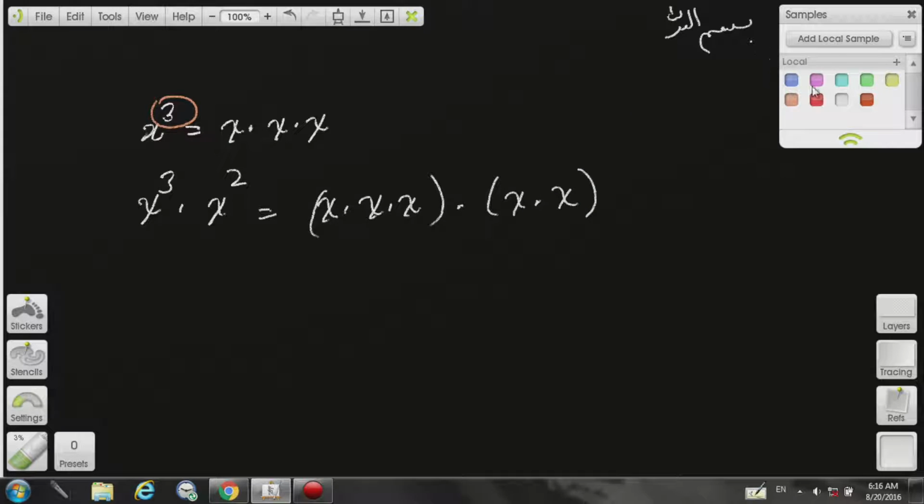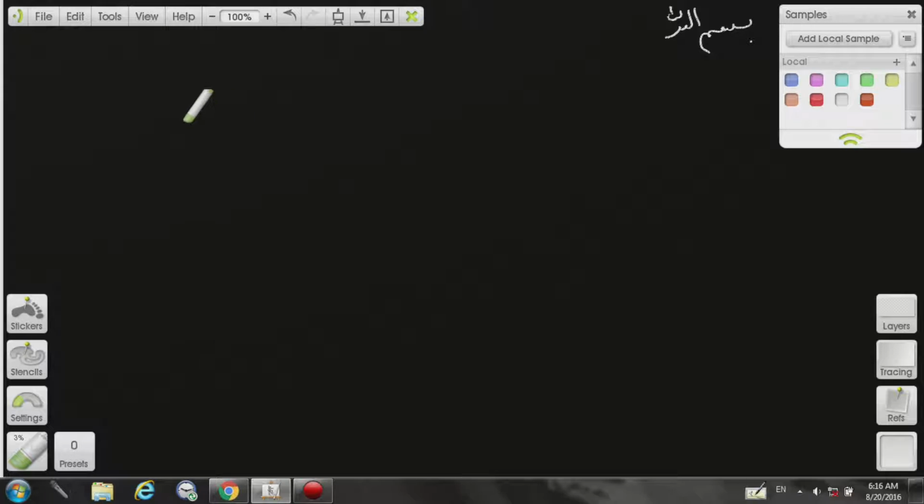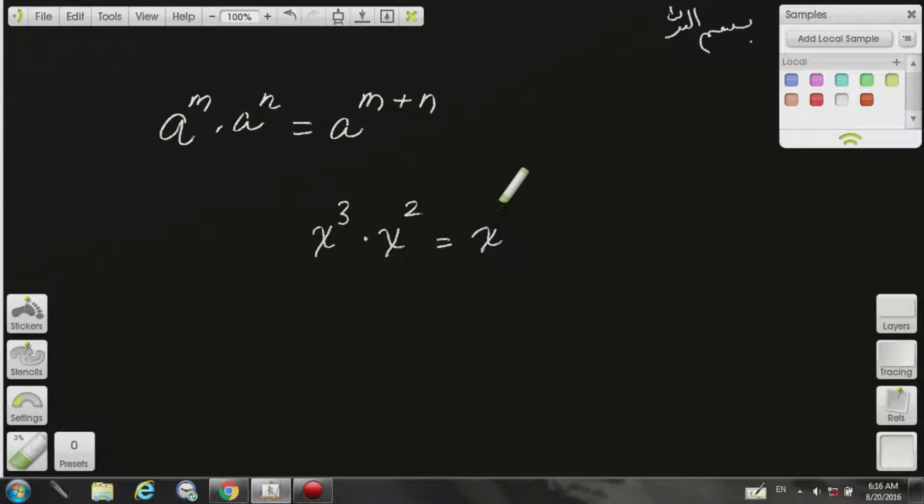We previously learned that a to the m times a to the n equals a to the m plus n. So x cubed times x squared is x to the fifth. You just add the exponents.